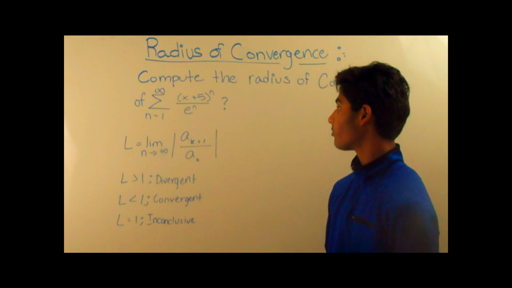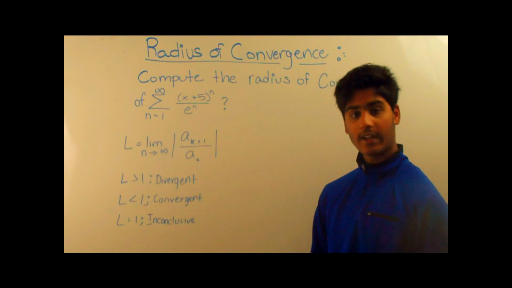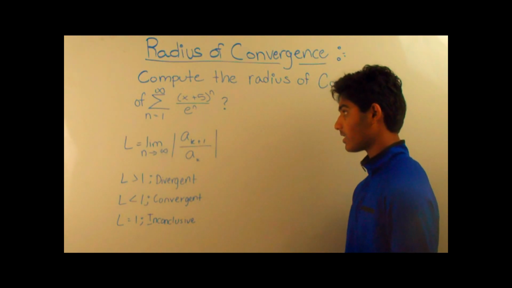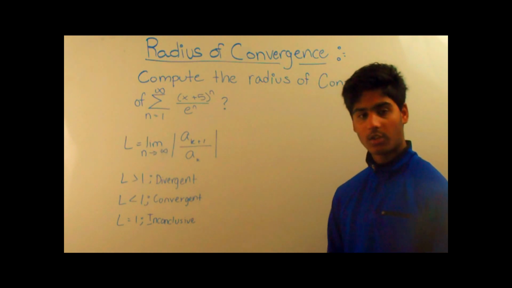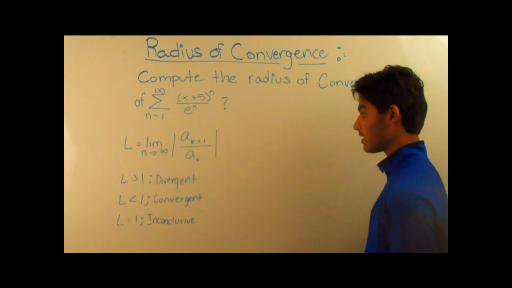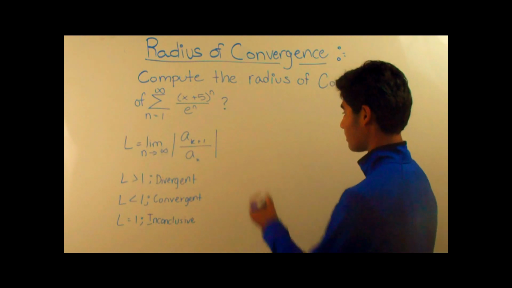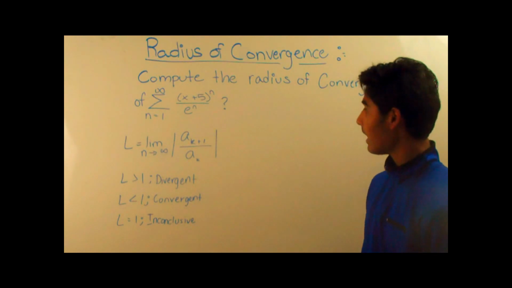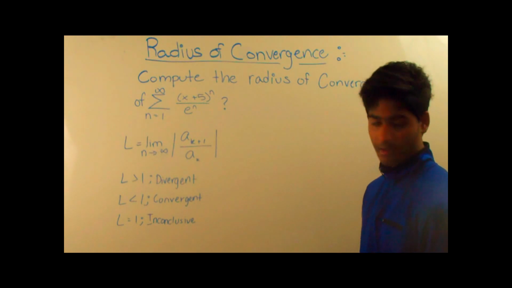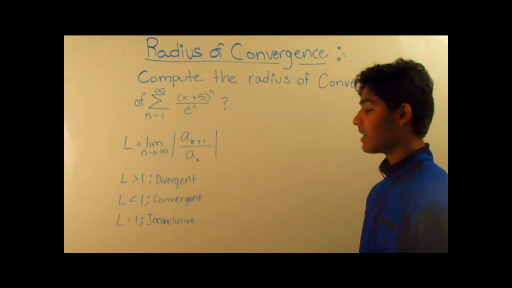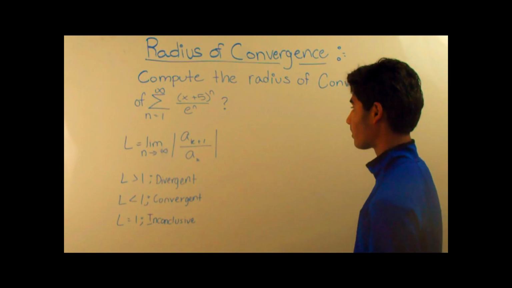So why would we use a ratio test when we're trying to figure out the radius of convergence? Before we do this, let's first go over what the radius of convergence is. There are some values that we plug in for x that make the series converge, and some values that would make the series diverge.